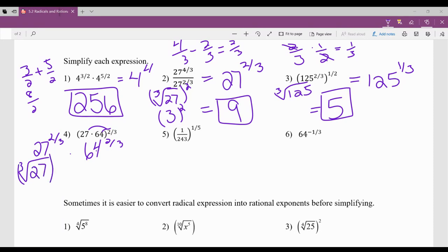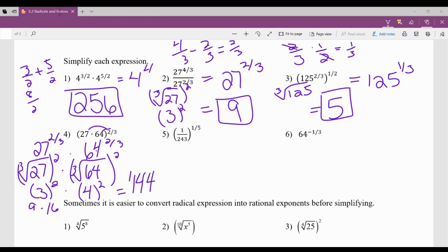My power is 2 times another one, power over root. So root is 3. The power is 2. So the cube root of 27, once again, is 3 squared times cube root of 64 is 4 squared. So we have 3 squared, which is 9, times 4 squared, which is 16. 9 times 16 equals 144. Final answer.